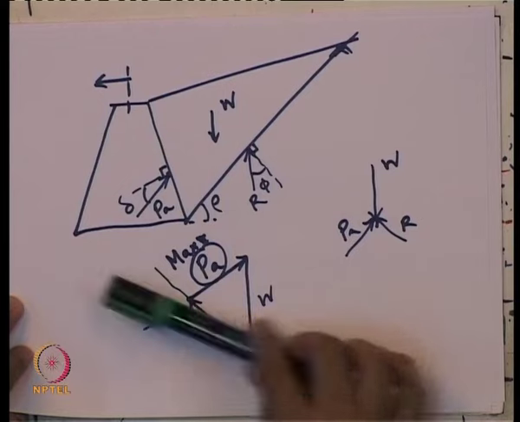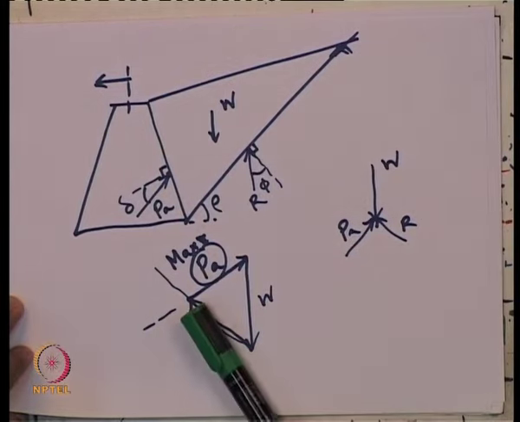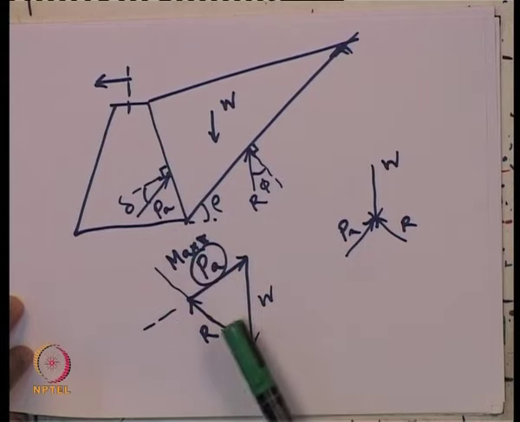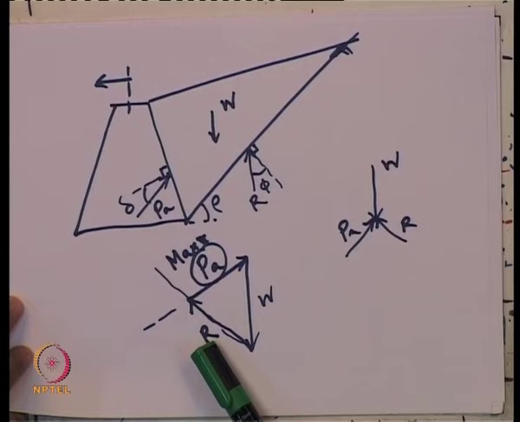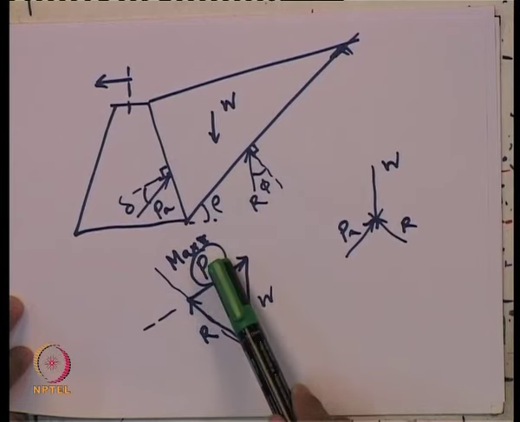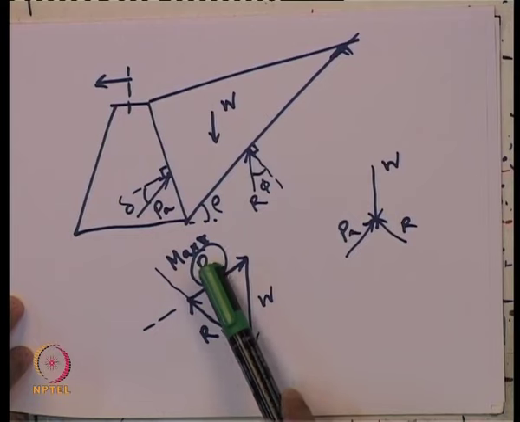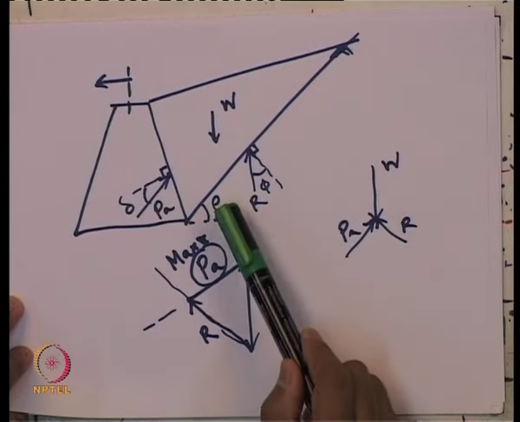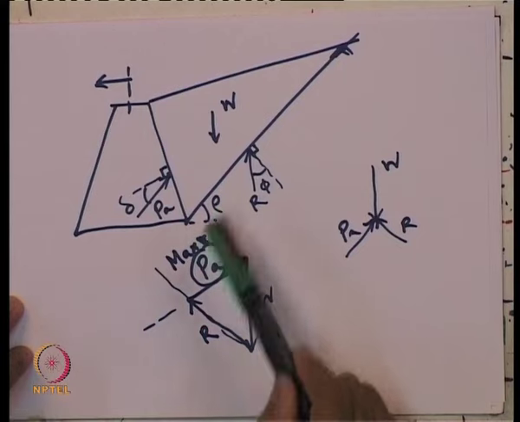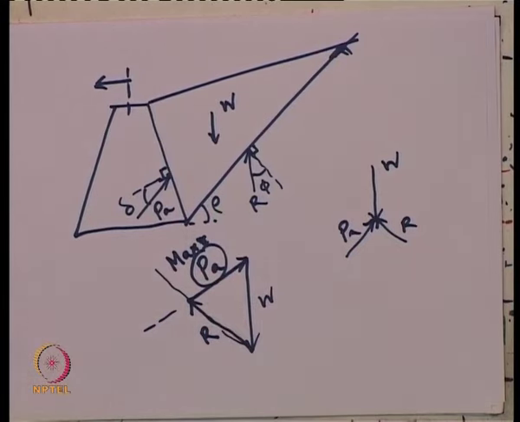By drawing this line and that line, wherever they intersect, we get the value of P A and the value of soil reaction R. For design in conventional static analysis of Coulomb earth pressure theory, we maximize this value of P A by changing the failure angle rho, so that the maximum value of P A is obtained.